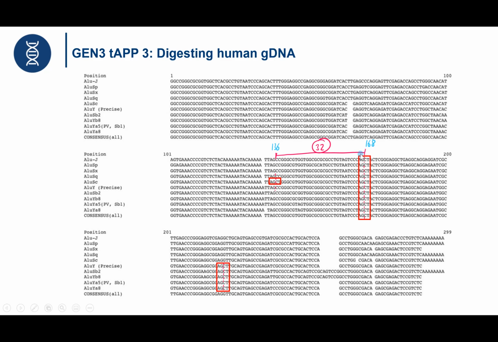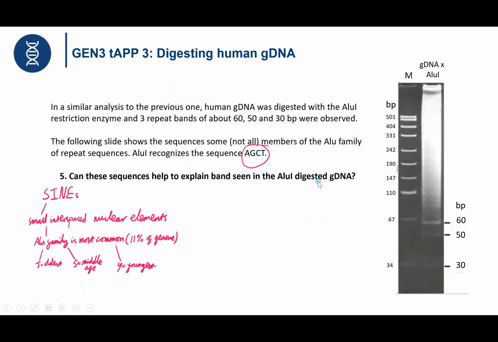But this isn't just one DNA fragment. These are highly repetitive. All of these Alu sequences are found countless times through the genome. So we're making tons of these DNA fragments that are 32 bases long, and that's what we see on here. This is the first band, the 30 bases long.